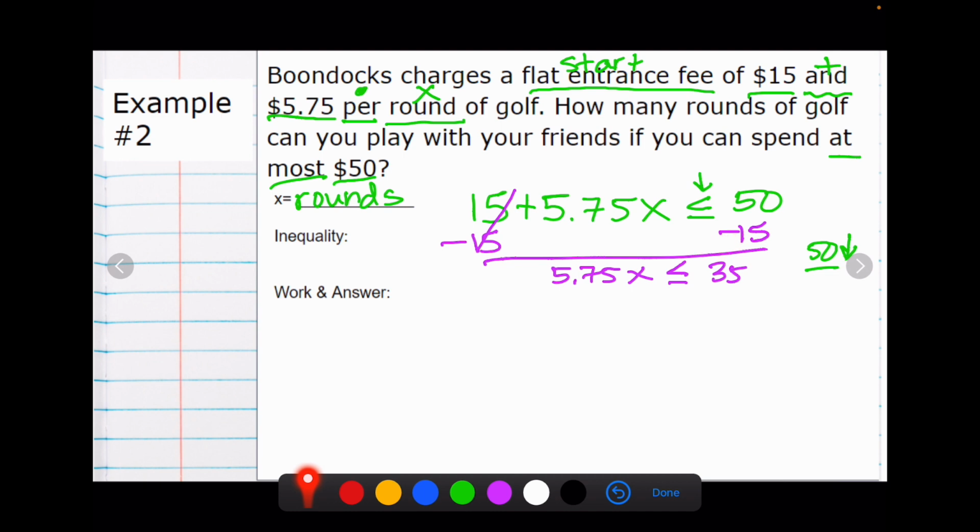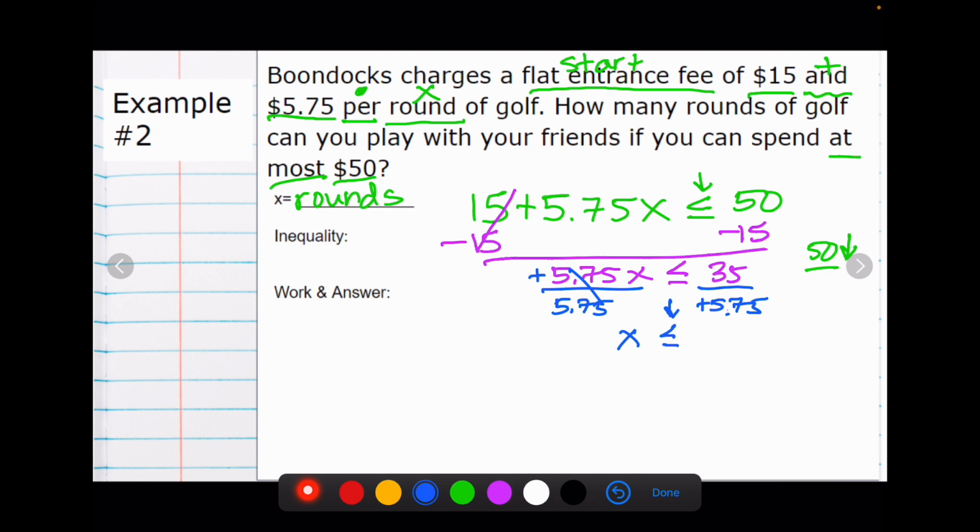Remember, we don't flip unless we divide by a negative. Okay, we're going to divide both sides by a positive 5.75. And because I did not divide by a negative, my symbol is not going to change.